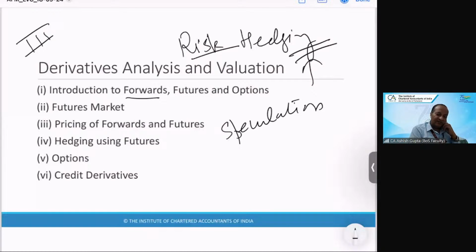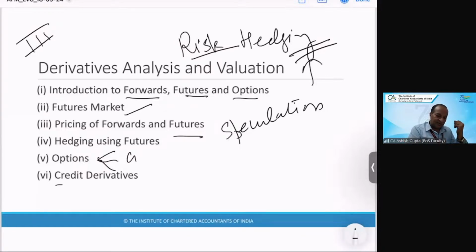So we have covered forwards, futures, and options, futures markets, and pricing theories. Options also include pricing and the concept of the Greeks. So all the nitty-gritties have been discussed here.